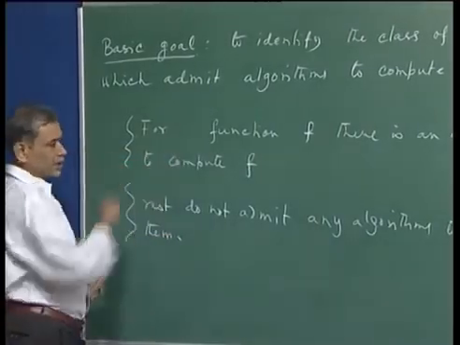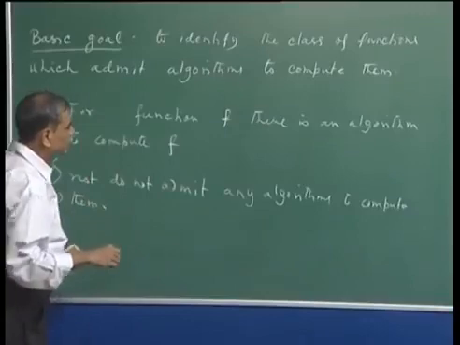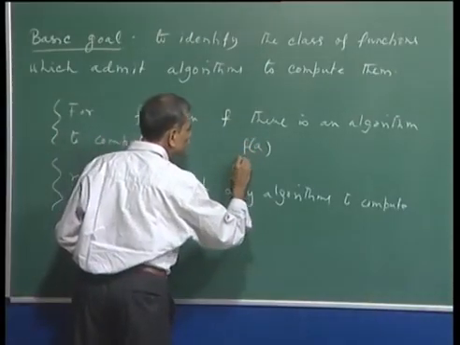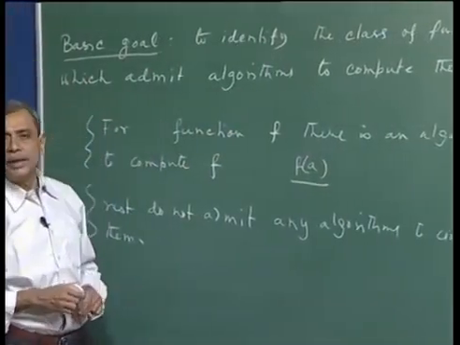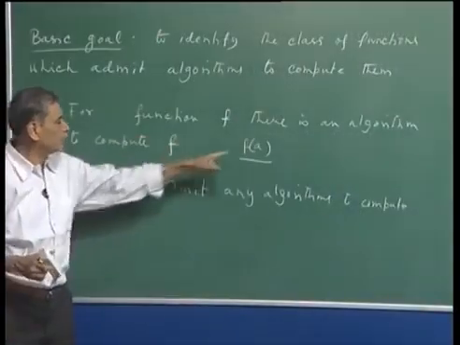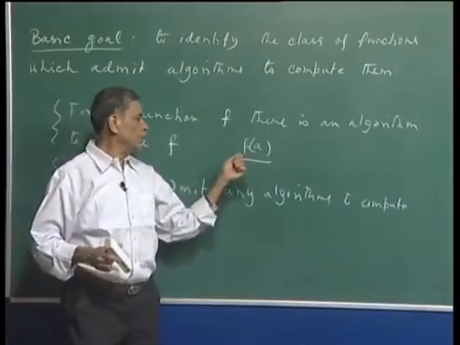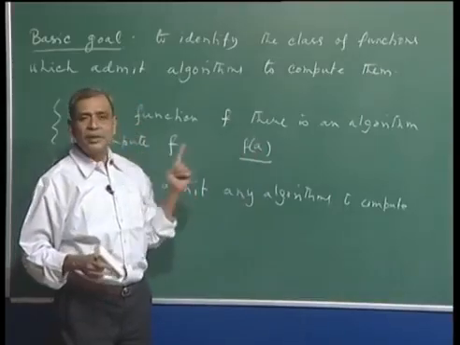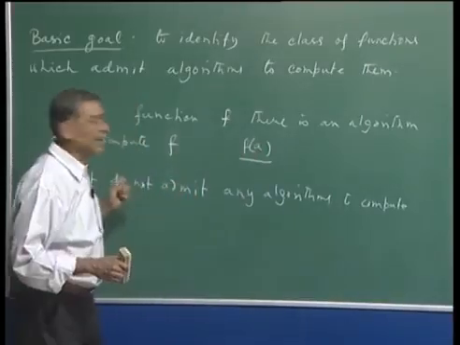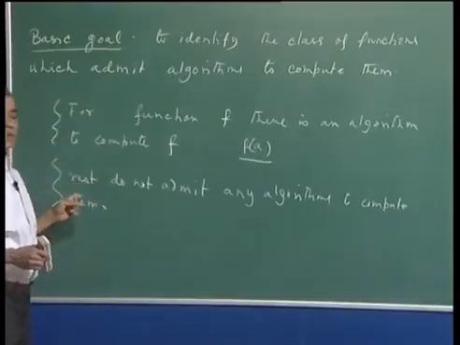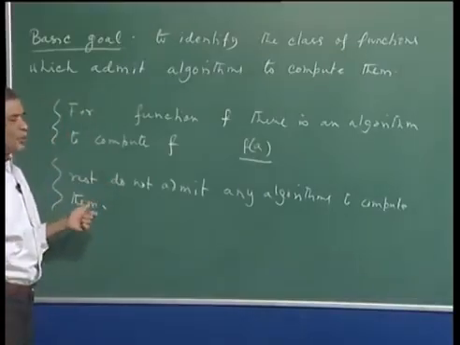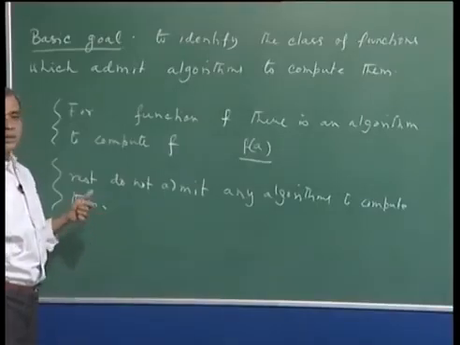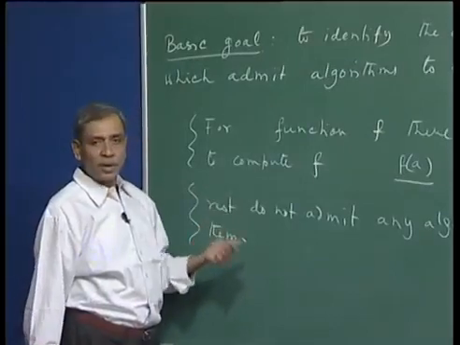So, in this class of functions, if you give me an input A, then I will be able to tell you, by carrying out the corresponding algorithm for f, what the value of the function will be on the argument A, whatever be the argument. But in this other case, it may be that for some inputs I will be able to give the output, but there may be inputs for which I will not be able to tell you what the output is.